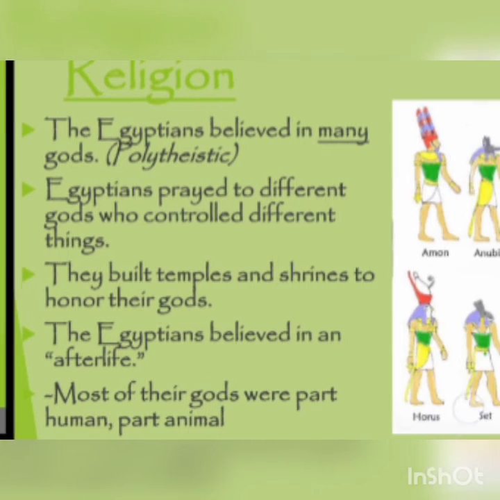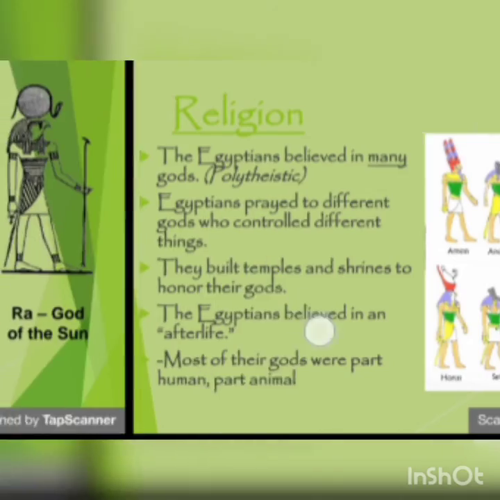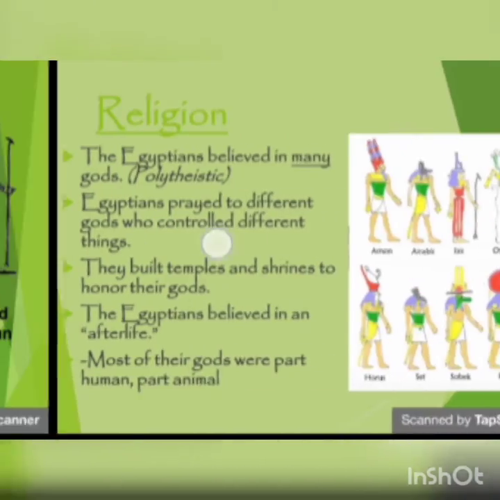Ra was the sun god. They built temples and shrines to honor their gods. The Egyptians believed in an afterlife, as we said earlier. Most of their gods were part human, part animal.